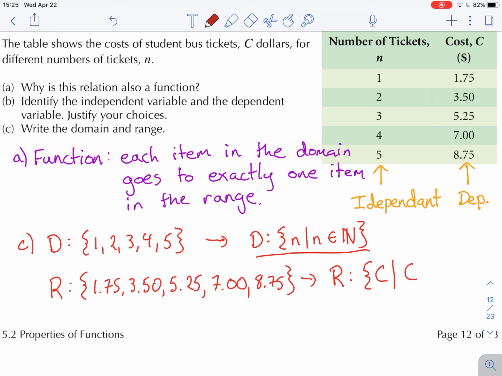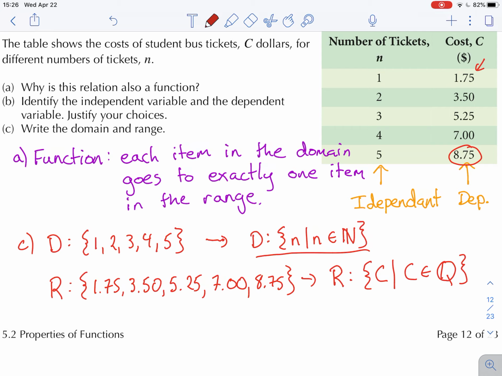So we could say that our range is our variable c, such that c could be some number, not in the natural numbers because we have decimals, not in the whole numbers. We could say that c could be any rational number. It could be part of the rational numbers, because it has to be a terminating decimal.